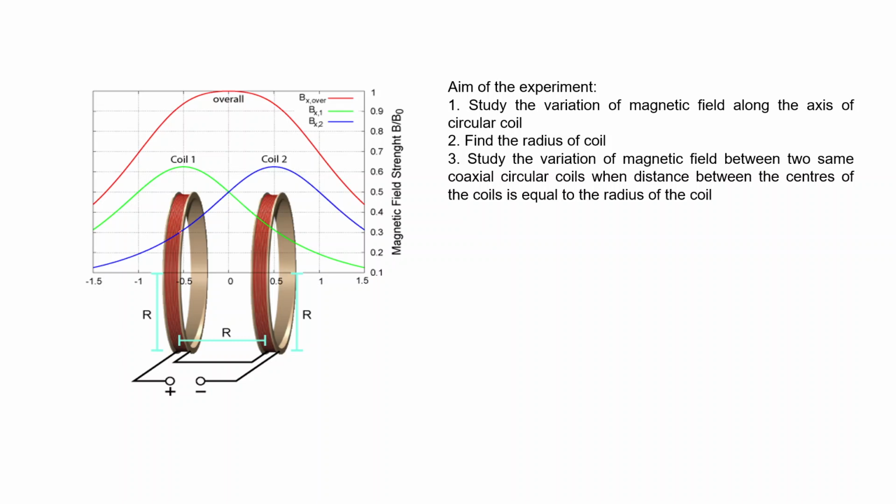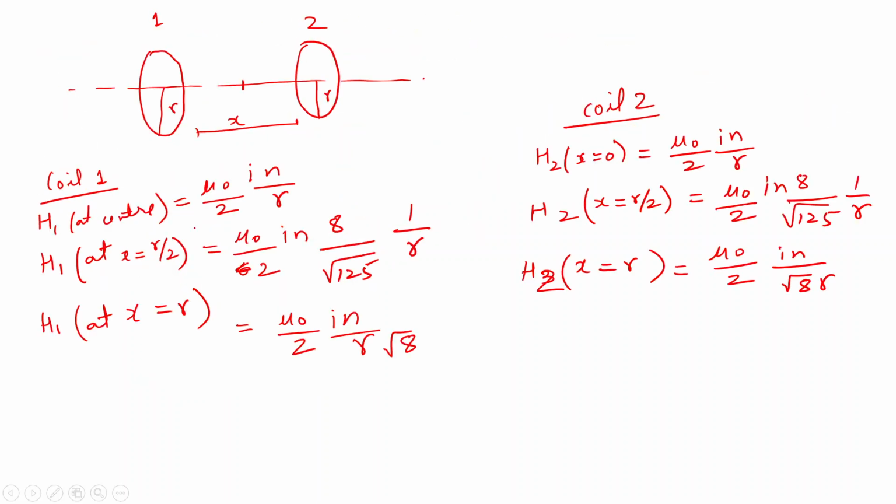It depends on x, as you see here. In terms of r we have written, but this is the distance, and when the distance is minimum, the value is high. When the distance increases, the denominator increases, which means the magnetic field value is decreasing.